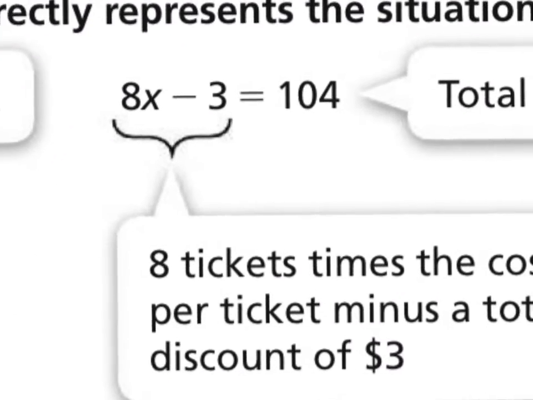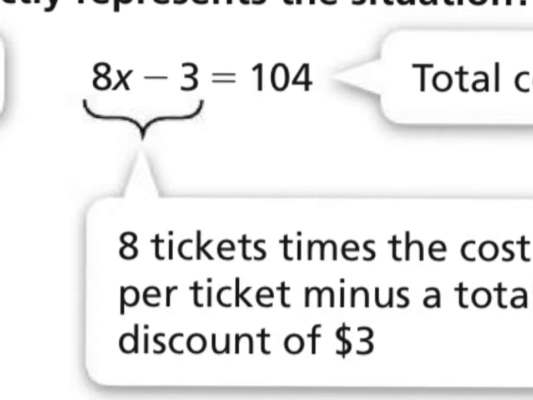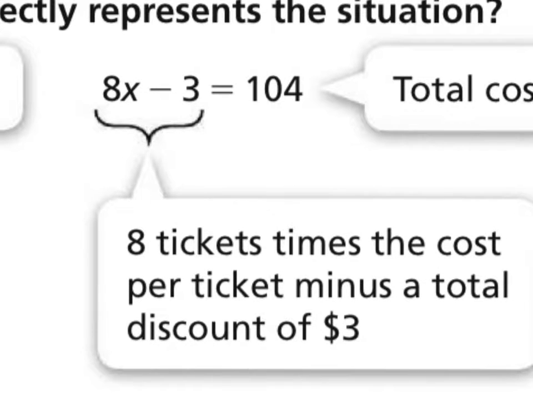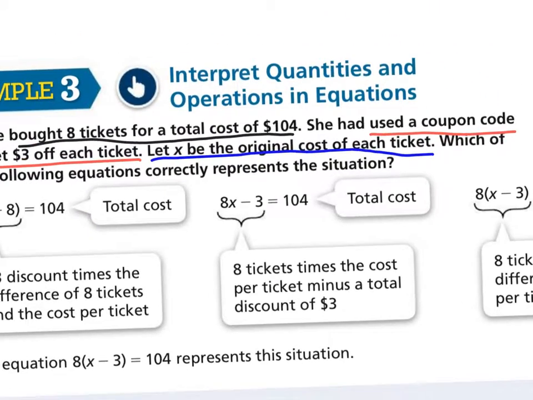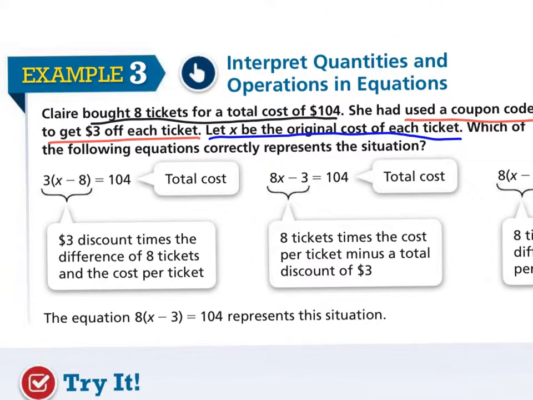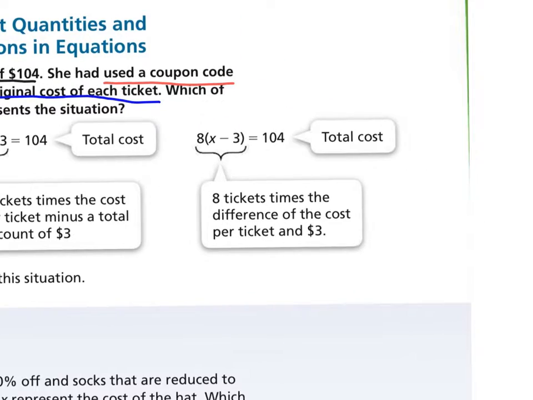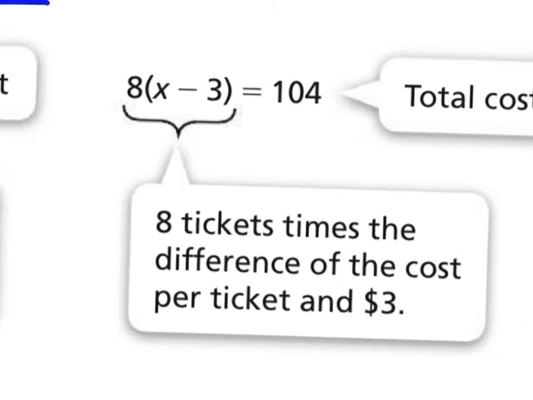The second option is a little bit better maybe. 8X, that's like 8 tickets at regular price, and then we got $3 off. Well, it doesn't say that. It says the coupon is $3 off of each ticket, not just our total cost with $3 saved off of that. So that doesn't work. One more chance here.